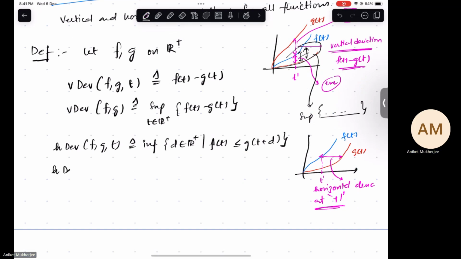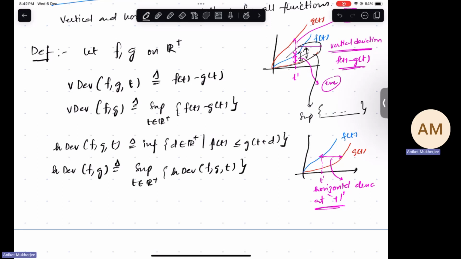And the maximum horizontal deviation is the sup over t belonging to R plus of h_dev over all t. Similar to the maximum vertical deviation, you calculate all the possible horizontal deviations, write them as a set, and take a supremum.